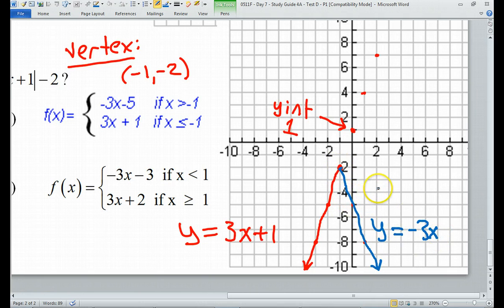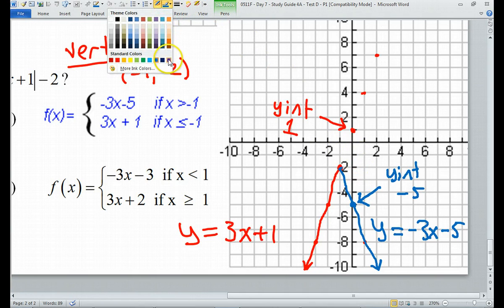Now the y-intercept of this is easier to see because I can just look right and see where it touches the y-axis. So this is my y-intercept, and it is negative 5. So that makes this negative 3x minus 5.